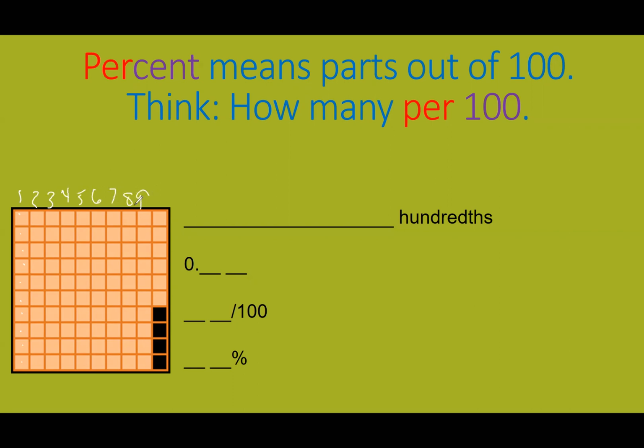There are 9 columns completely shaded. What's 9 times 10? It's going to be 90, right? There's 90 shaded, but then we have some ones here. 91, 92, 93, 94, 95, 96. So altogether, there's 96. So how many hundredths do we have?